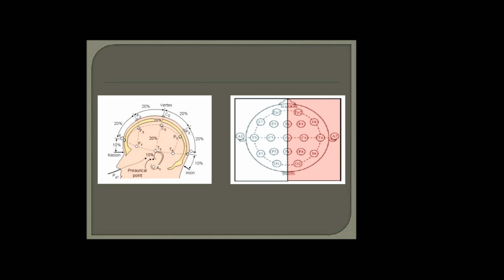That is 10% from Inion, which means 3.6 out of 36, and 20% of this is going to be your Nasion, at the very top of your hair where it is getting started, or 7.2 centimeters. And you have to use your reference electrode at the pre-auricular point or at the earlobe.